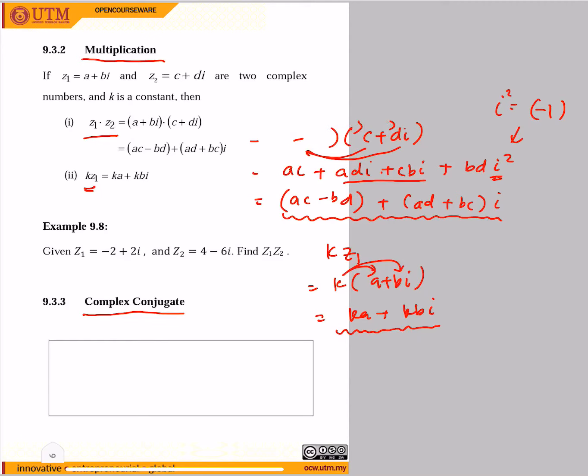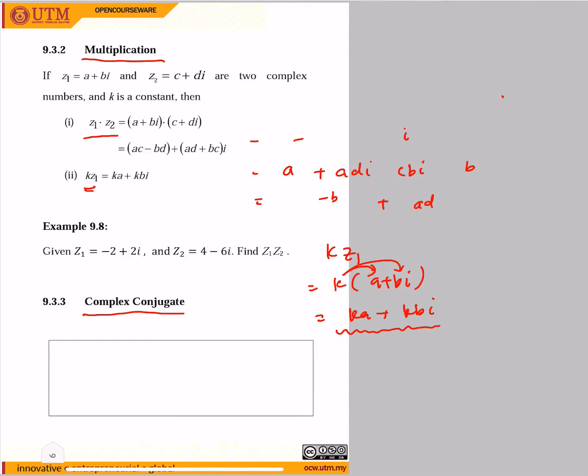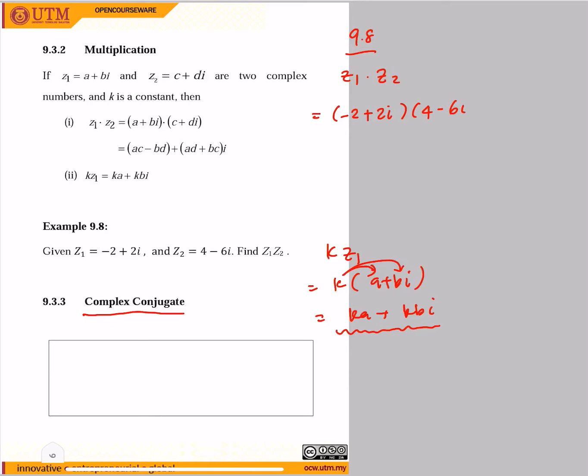Z1 multiplied with Z2, which is minus 2 plus 2i and 4 minus 6i. We just multiply as usual. Minus 8, this one is plus 12i, this one is plus 8i, and this one is minus 12i squared.